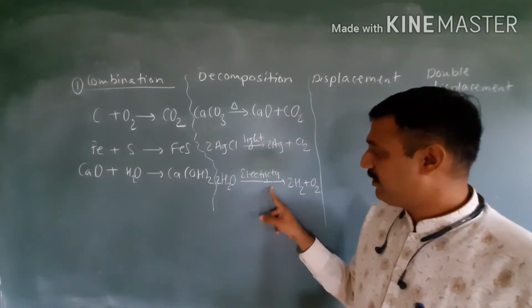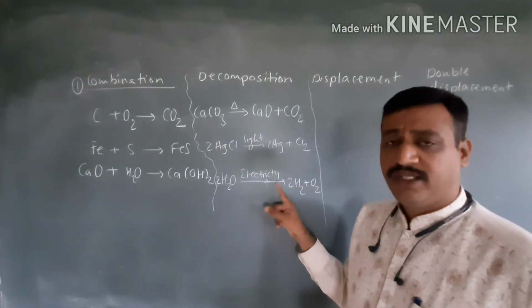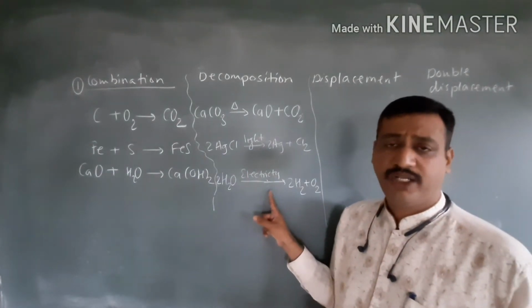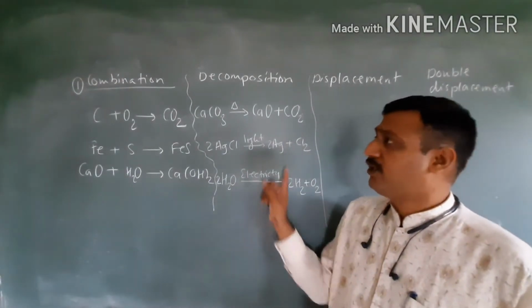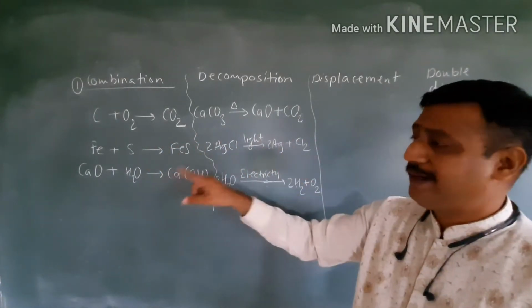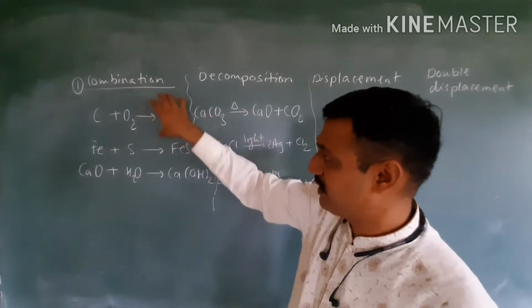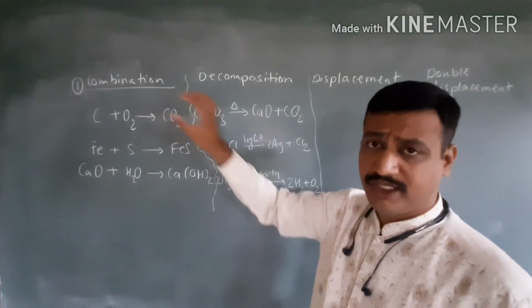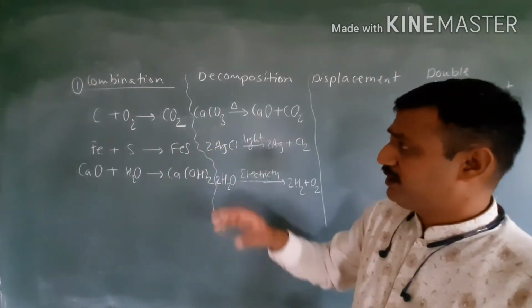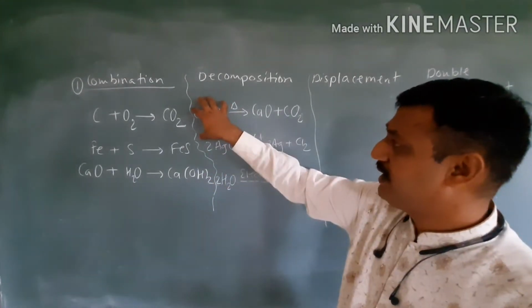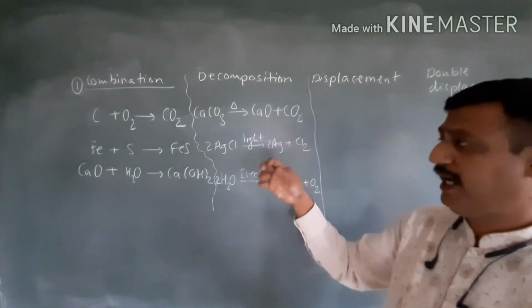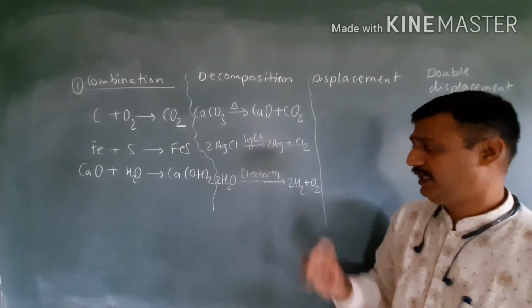And if it is carried out by electrical energy, that is electrolysis or electrolytic decomposition. Combination and decomposition are opposite to each other. In case of combination, one product is formed, and in case of decomposition, a single reactant decomposes by heat, light or electricity.